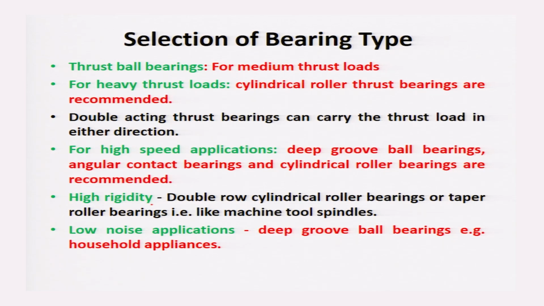For high rigidity, double row cylindrical roller bearings or taper roller bearings are used, for example in machine tool spindles. In low noise applications, where we want very low noise, we go for deep groove ball bearings, for example household applications.